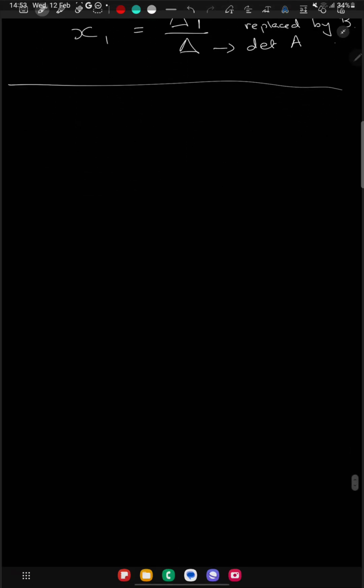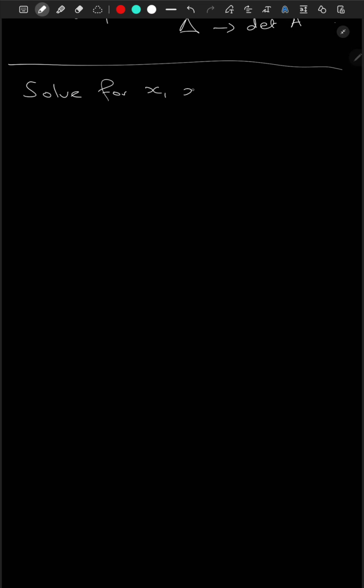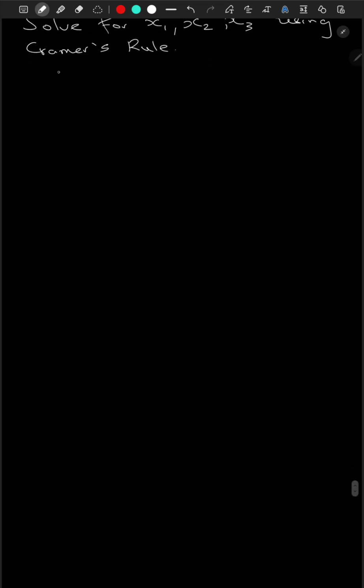Let's see an example so you can understand this rule. Let's say that we have to solve for x1, x2, and x3 using Cramer's rule. Suppose we have 3 equations in x1, x2, and x3.